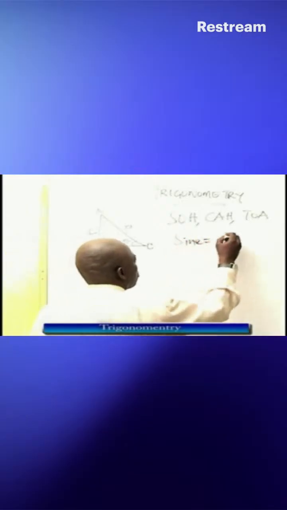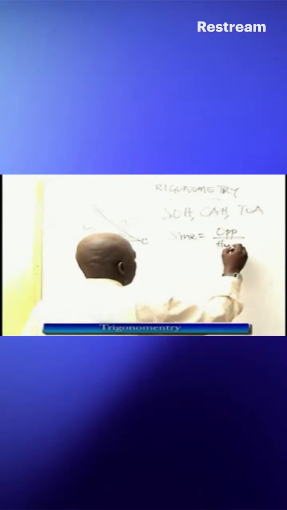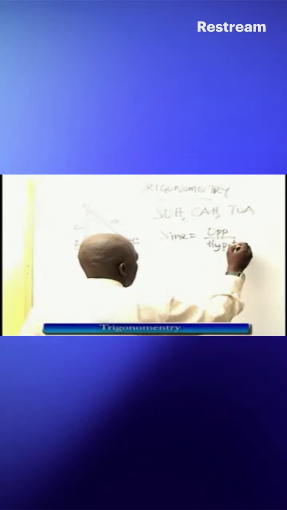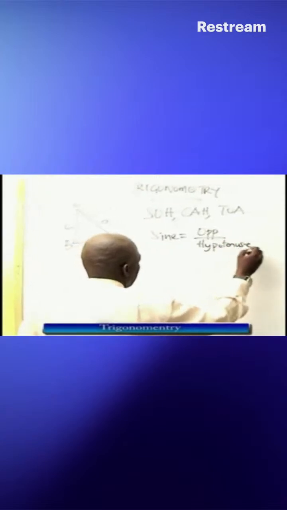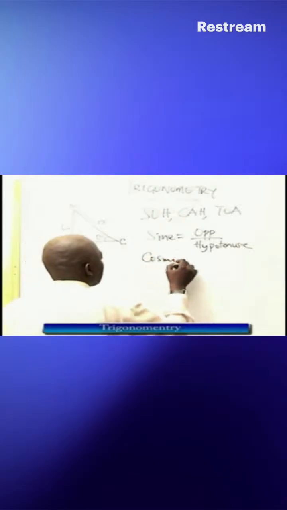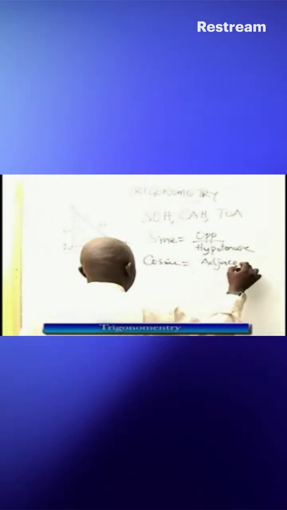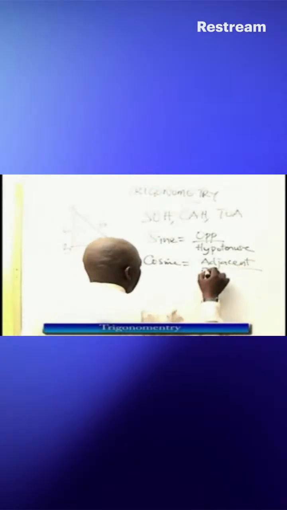Sine equals opposite over hypotenuse. I already taught you Pythagoras theorem, and so all these things I'm writing will not be strange to you. Then we have cosine equals adjacent over hypotenuse.